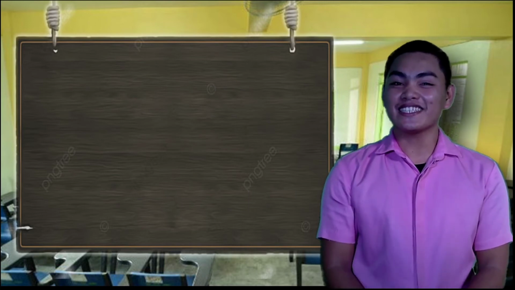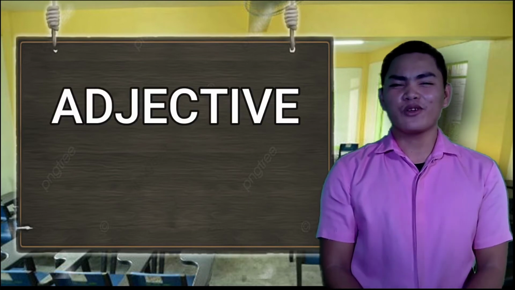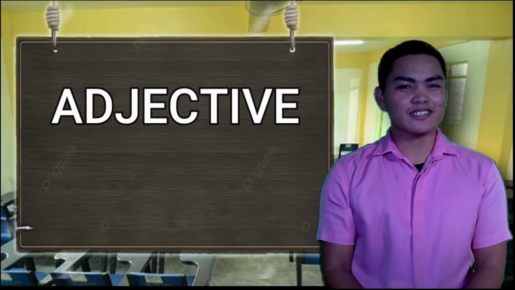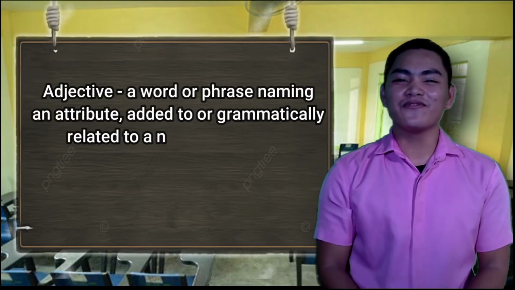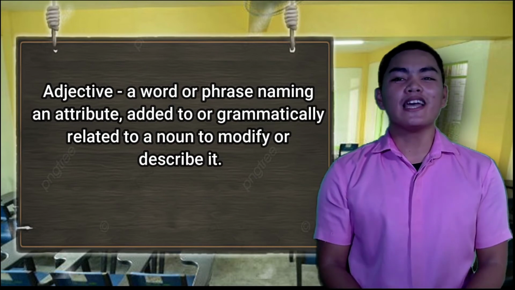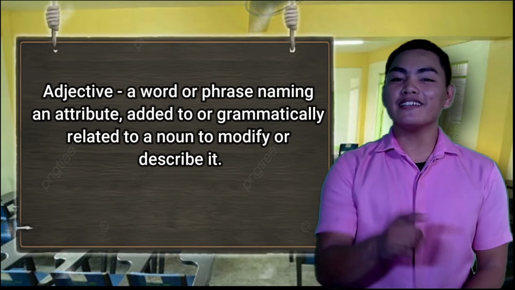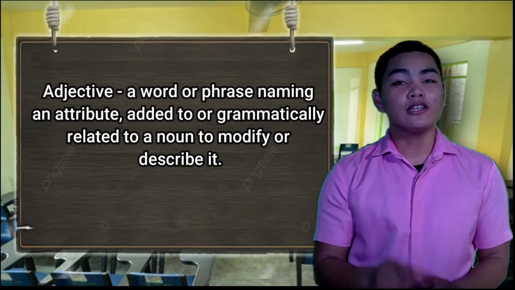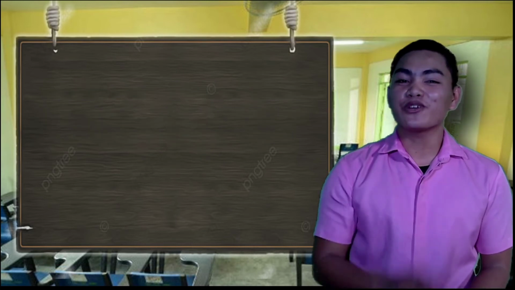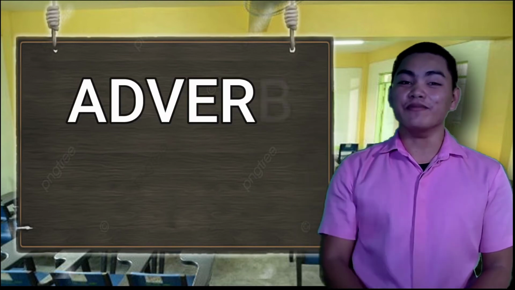Second word is adjective. What do you think adjective means? Very good. Adjective is a word or phrase naming an attribute added to or grammatically related to a noun to modify or describe it. Last word we have adverb.